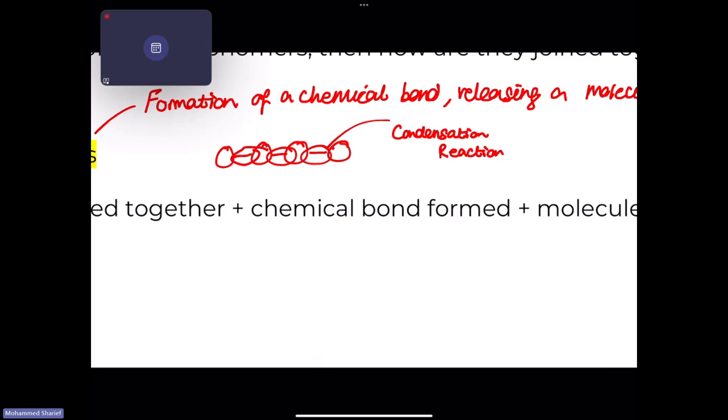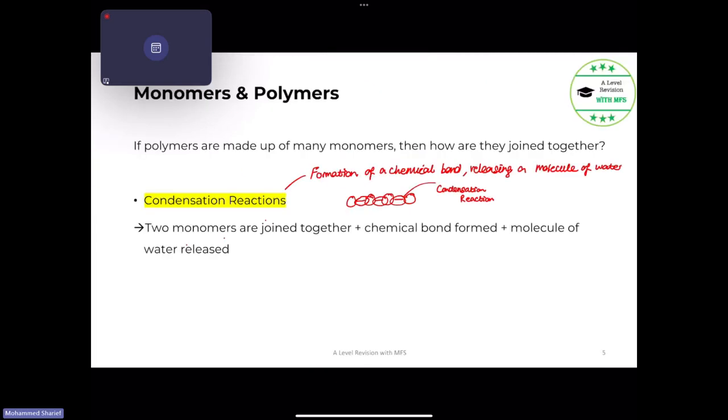And once that bond has formed, a molecule of water will be released in the process. So that's what a condensation reaction is. Again, learn this definition. You don't want to be losing easy marks right at the start of biology. We will have a look at more examples throughout the lesson. But for now, when two monomers are joined together, a chemical bond is formed and a molecule of water is released in the process.